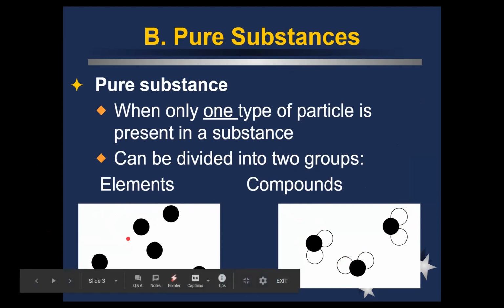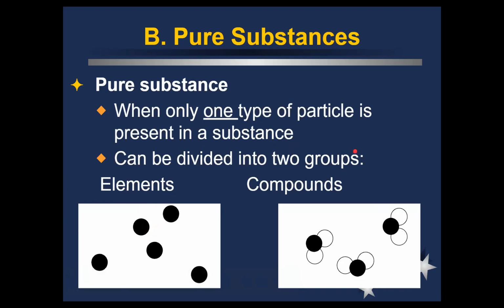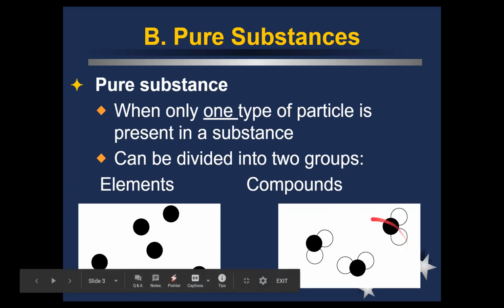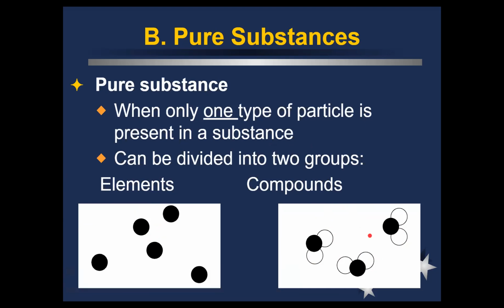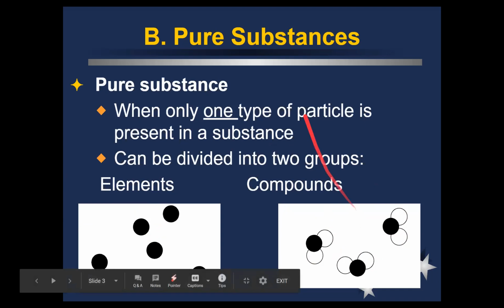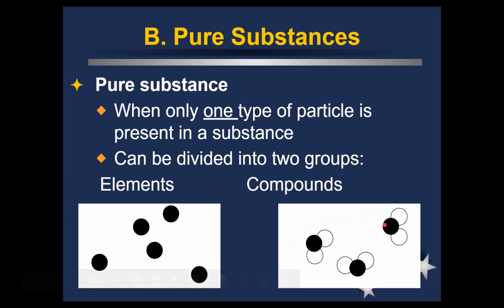So if we have a 100% totally gold bar, that is a pure substance because it's made out of only gold elements. If we have a glass of 100% water, so only water compounds are present, no other flavor or air compounds are in there, then that water would be a pure substance because only this one single type of particle, only this one single type of compound is present.